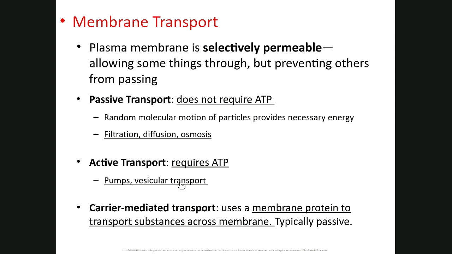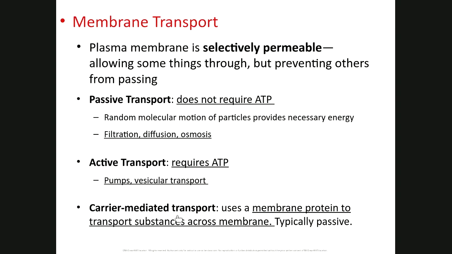The third type of membrane transport is called carrier-mediated transport. So this occurs when, let's say, some sort of substance is not able to get through the membrane by itself. So it's going to need some kind of help in getting across.